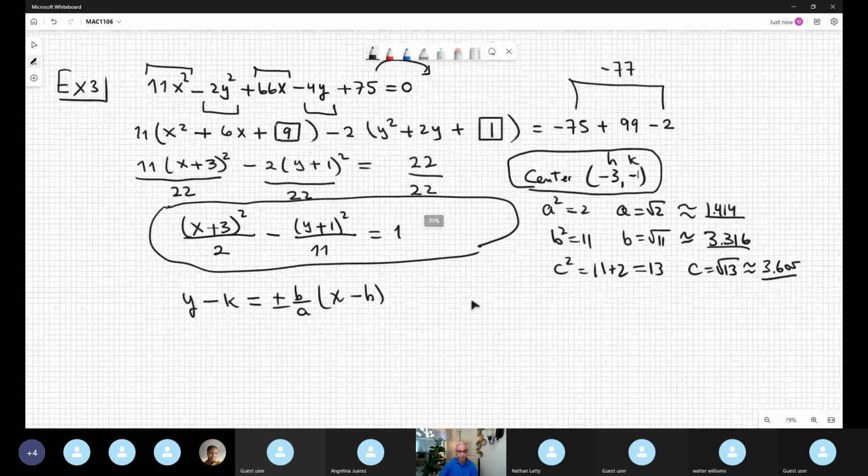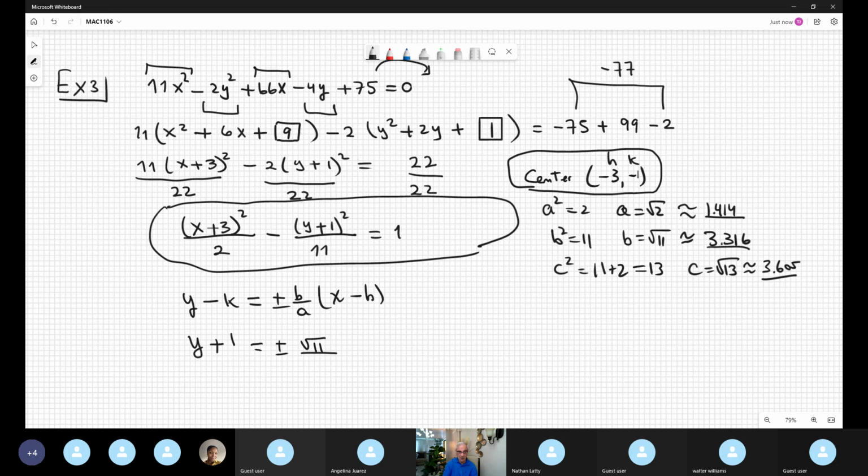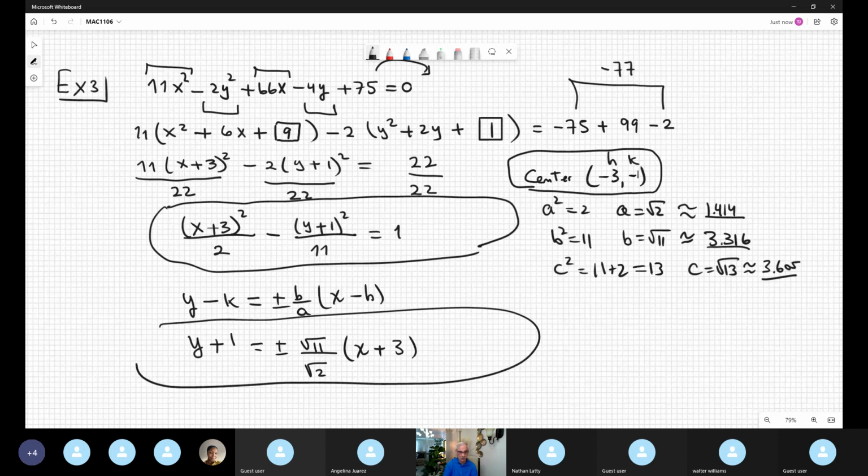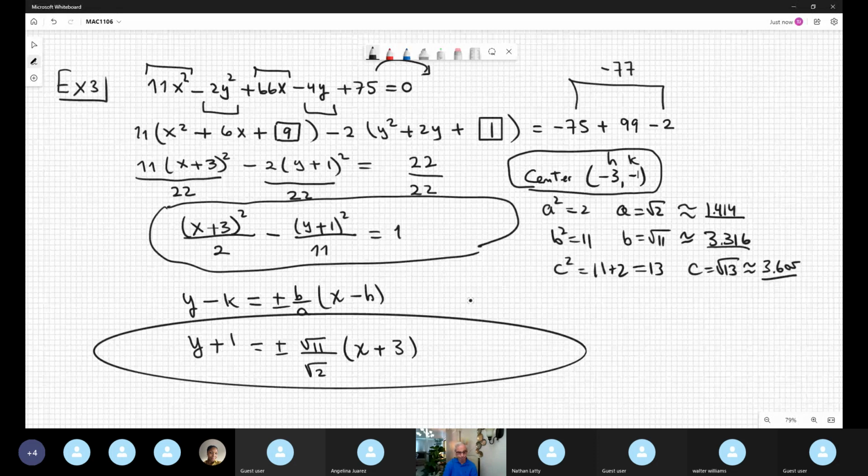Let me zoom. y plus 1, because k is negative 1, so the double negative becomes positive. Plus or minus, so this is a weird number, an irrational number. b is radical 11, a is radical 2, times x plus, again, by the same reason, 3. Bam! And this is the equation of the asymptote.